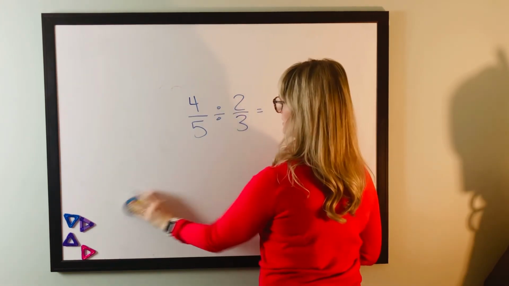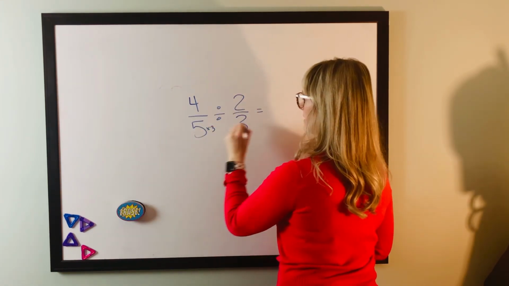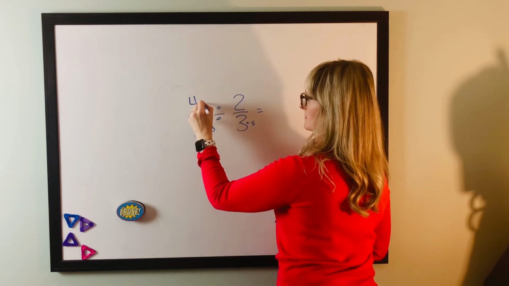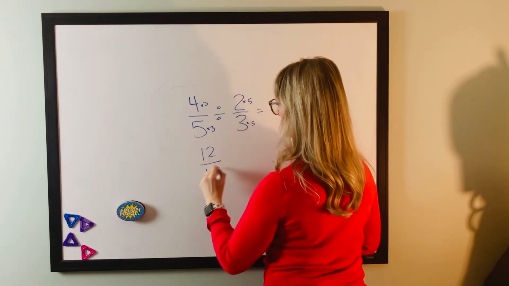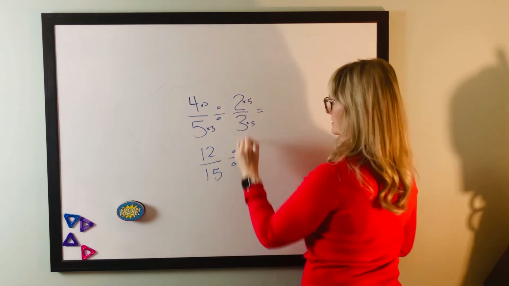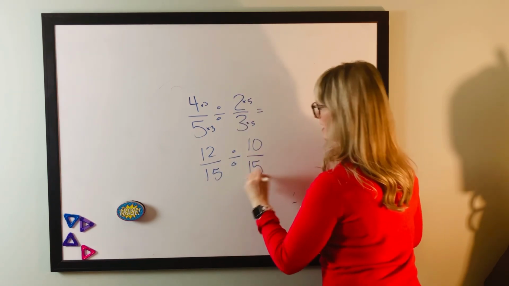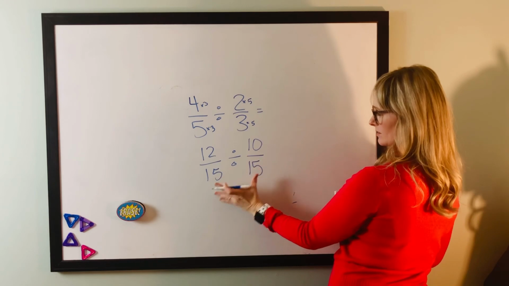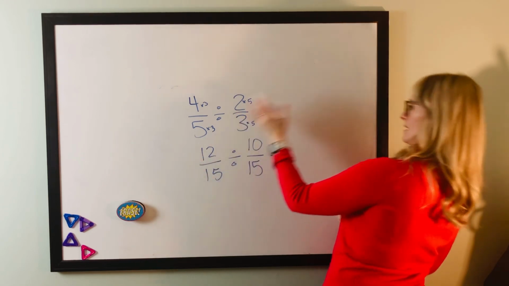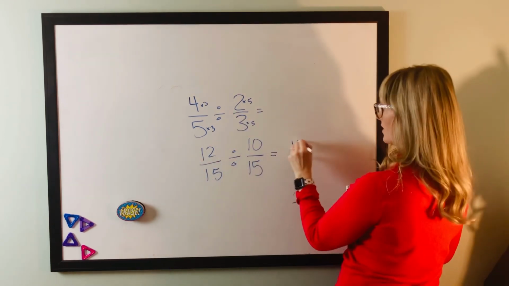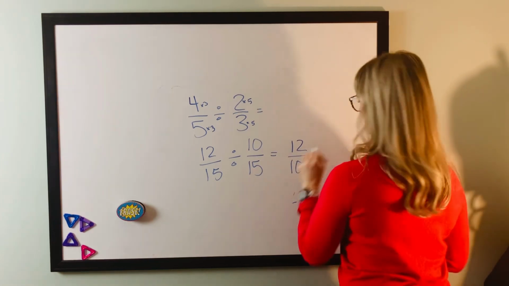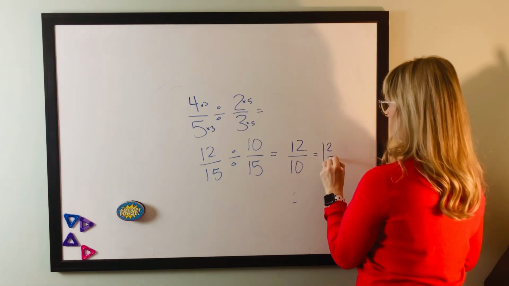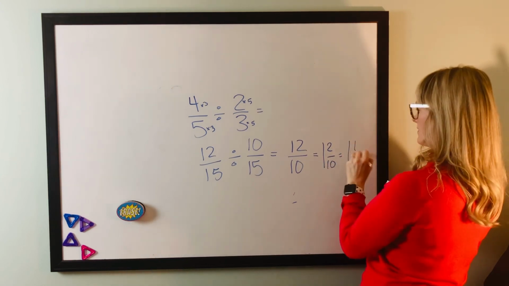If we change this to a common denominator, I would make it 15. This would be 3 times 4, which is 12, over 15, divided by 10 over 15. I take the 2 numerators, ignore the denominators because they're the same, and I just sort of tip it over here so that they fall over here, and it's 12 over 10, which of course would end up being 1 and 2 over 10, or 1 and 1/5.